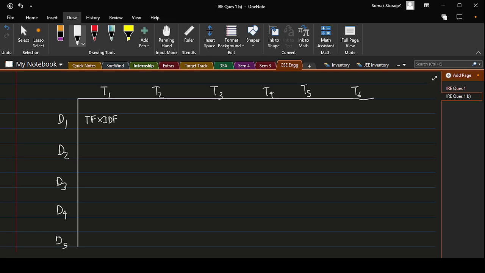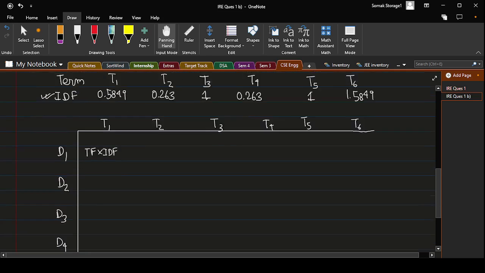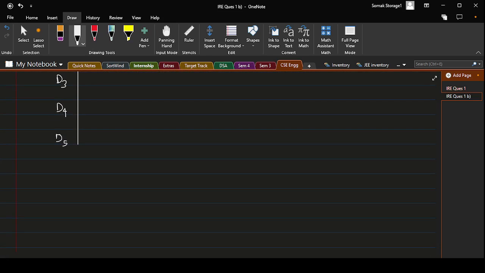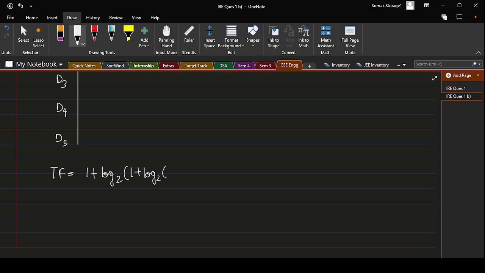So let's suppose for example, for D1 T1 I calculate the TF IDF. So IDF we have here, and now TF is equal to 1 plus log base 2. Now you can use the Kernel SMART method here, but if you see, all the documents are nearly of the same size, so we can directly put the value from the table given to us.